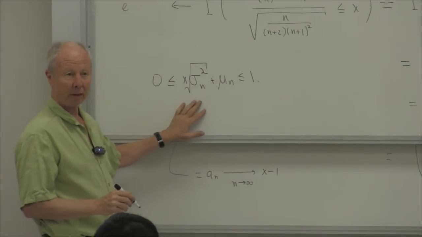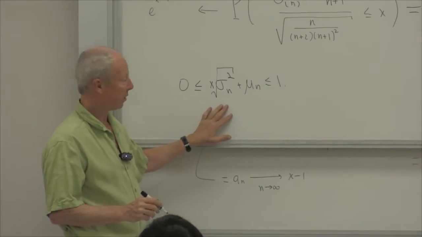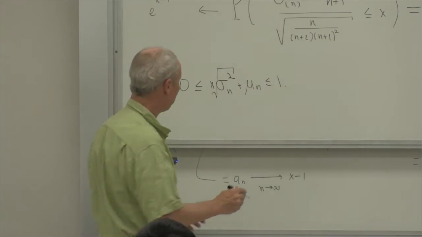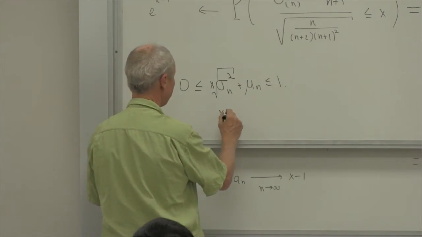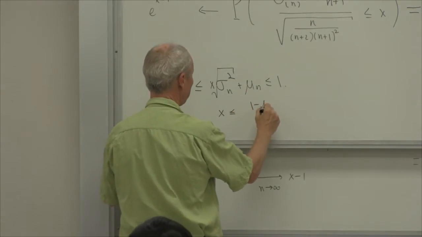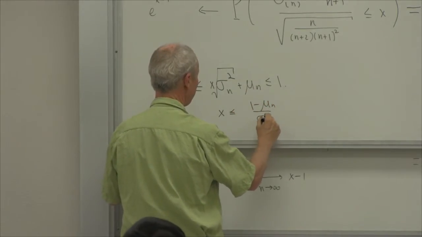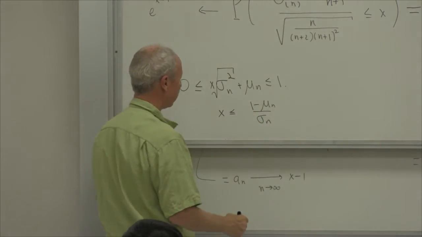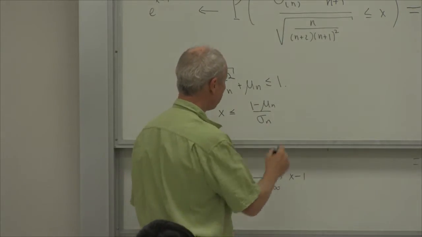This should hold in the limit. Let's see what this says. Mu n is n over n plus 1, so this should say that x is less than or equal to 1 minus mu n over sigma n. And what does this do as n goes to infinity?